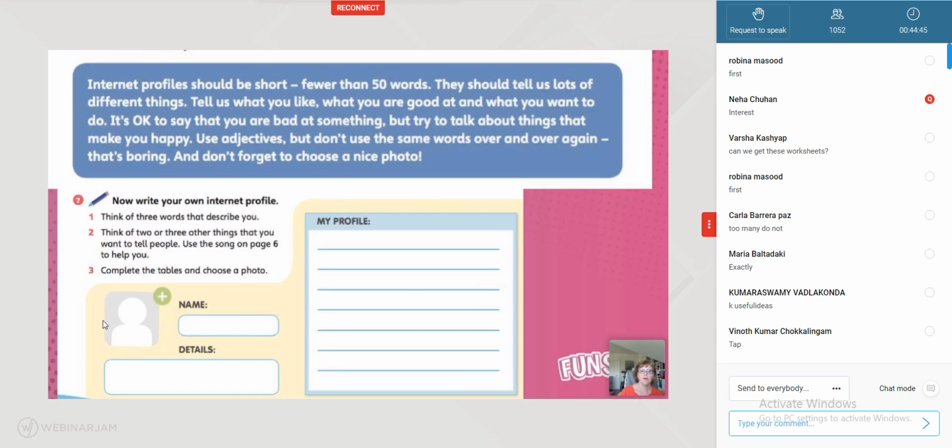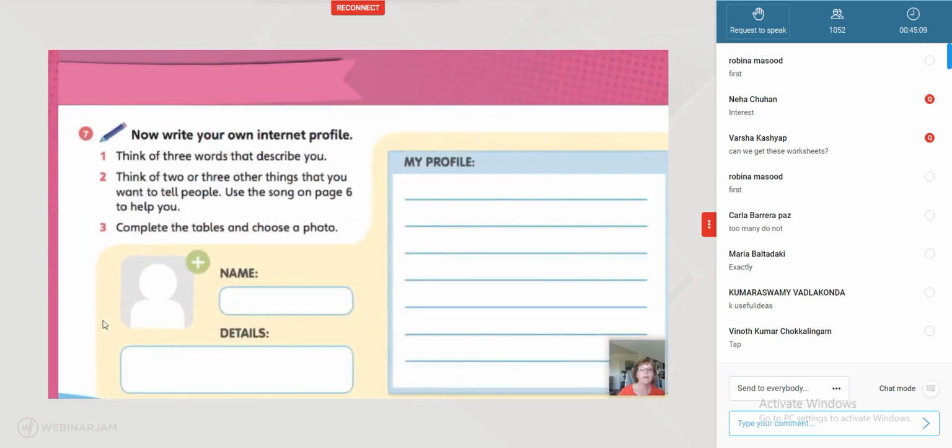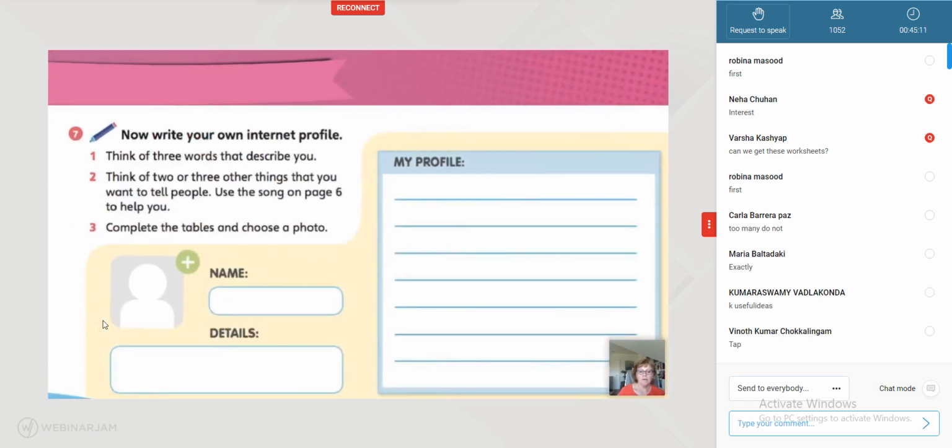So they'll create their own profile, which of course they can then share with their classmates, or in your online classes, they could do this and then share their profiles. And as I was preparing this, I was thinking you could also get them to maybe find a pen pal, okay? Cambridge Assessment English does have a pen friends website. Okay, so that's the example.